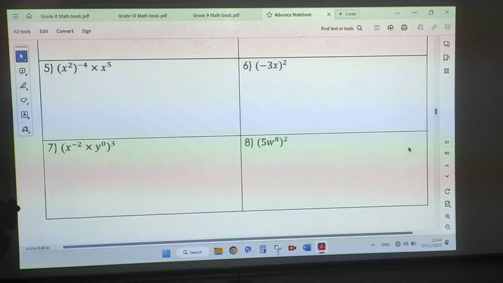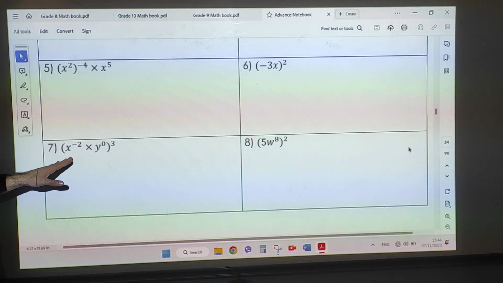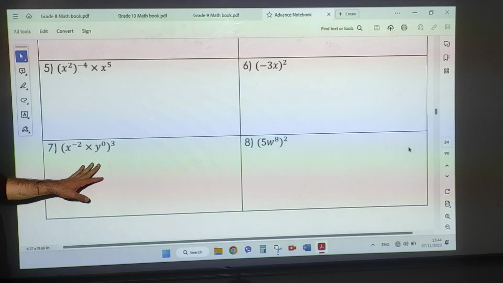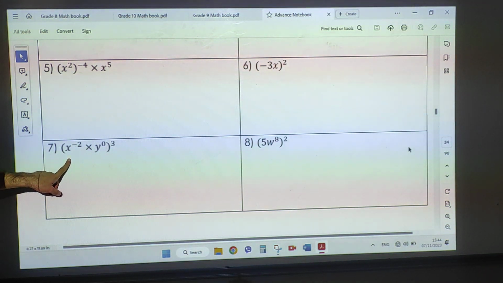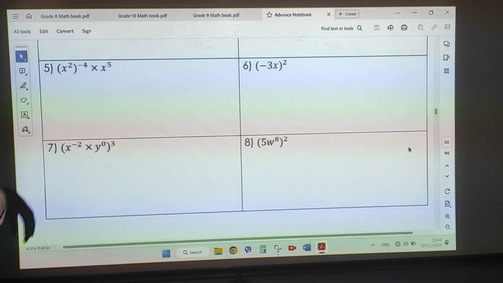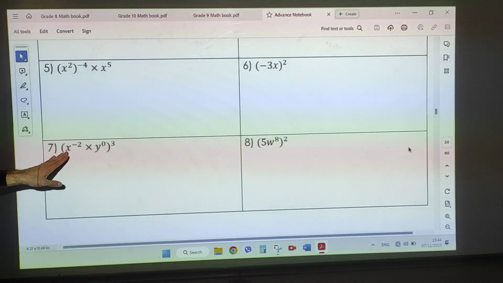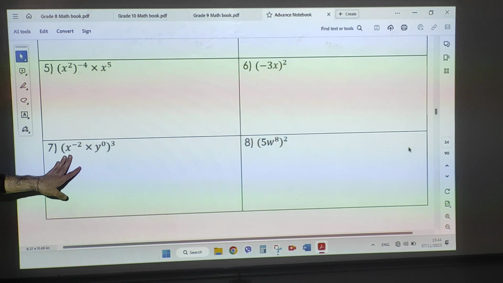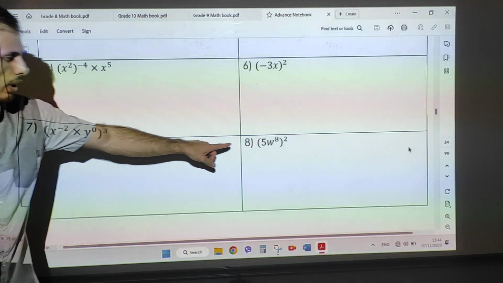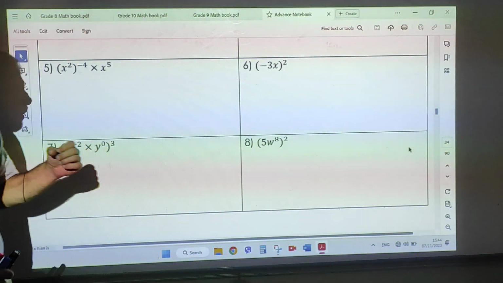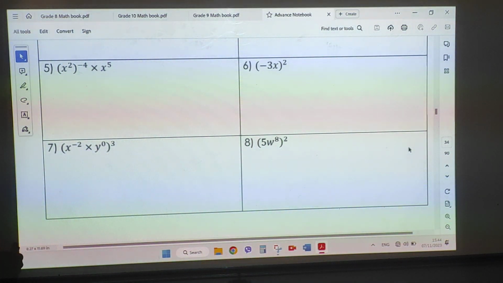Whenever you have more than one term in the bracket, this power applies to all of them. In question 4, it was only one number, which is 7 to the power of 3 power 4, and we directly gave it. But for those which have more than one element in the bracket, we have x, we have y. For this one, we have 5, we have w. We give that power over the bracket to all of them.